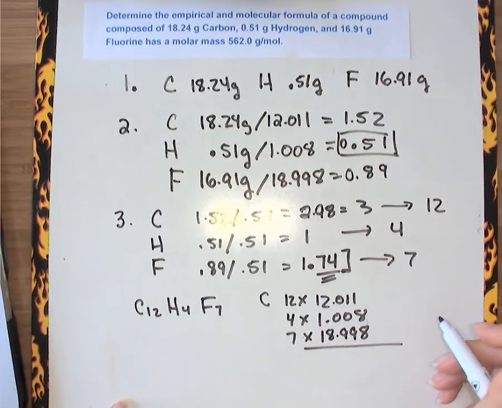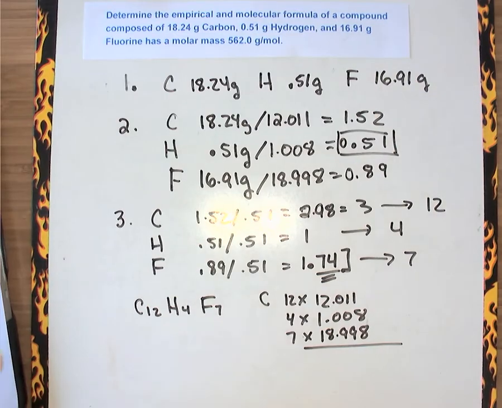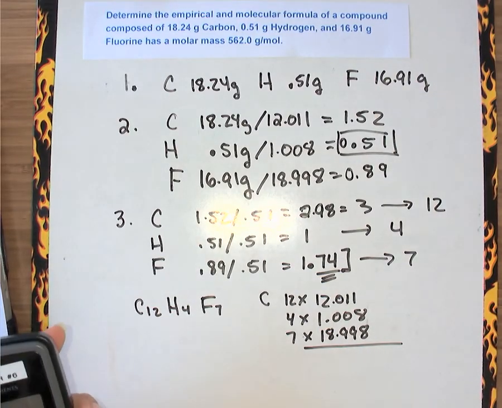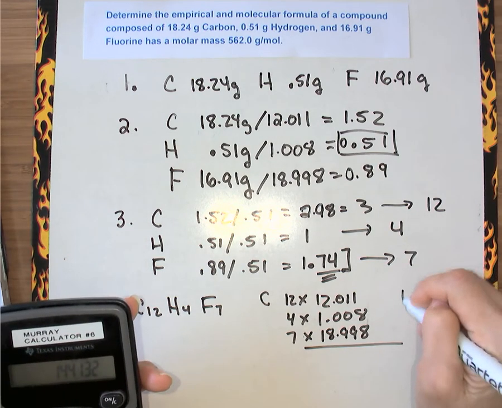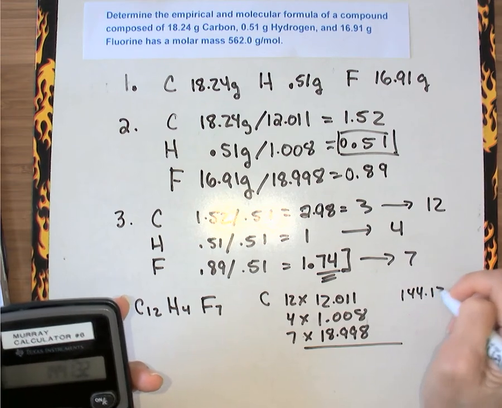And scooch this up a little bit. 12.011. 144.132.